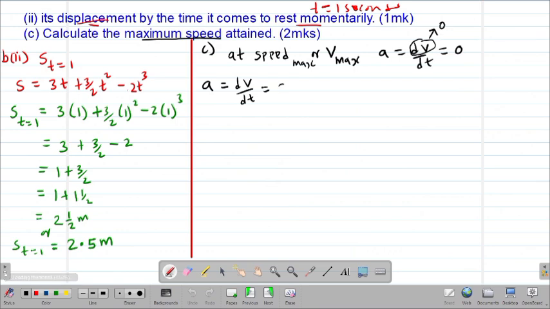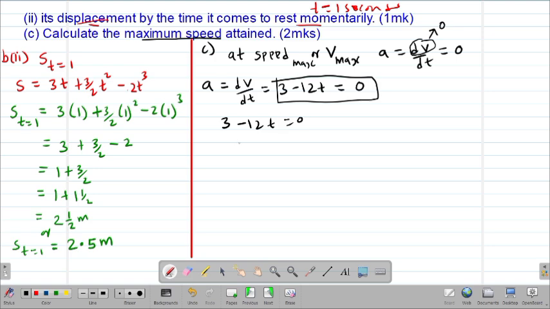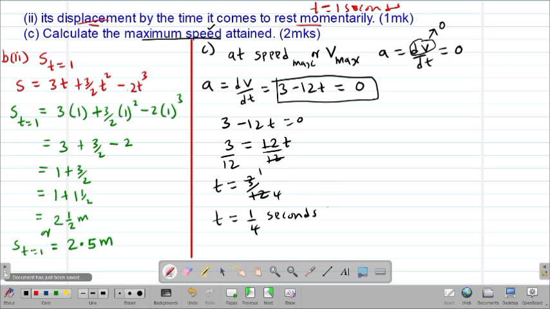So 3 minus 12t is equal to 0, which implies that 3 is equal to 12t. Dividing by 12, our value of t is 3 over 12, which is 1 over 4. So our time t is a quarter seconds. The particle achieves the maximum speed when t is a quarter seconds.